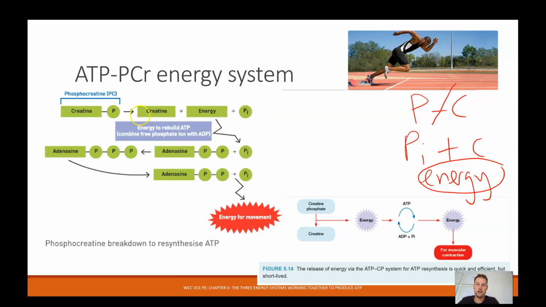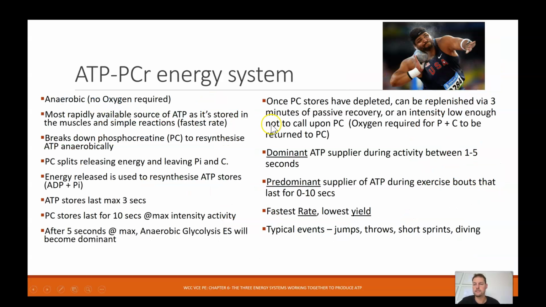So we can see up here on the top, we split apart PC, and the energy we created gets put back to put these two things back together. So ADP and Pi will go back together, which gives us ATP. Once we've created ATP, we can go through the whole process again of breaking it down. So we're left again with ADP and Pi, and we can use that energy for movement. So that's the way it moves in a chemical base.